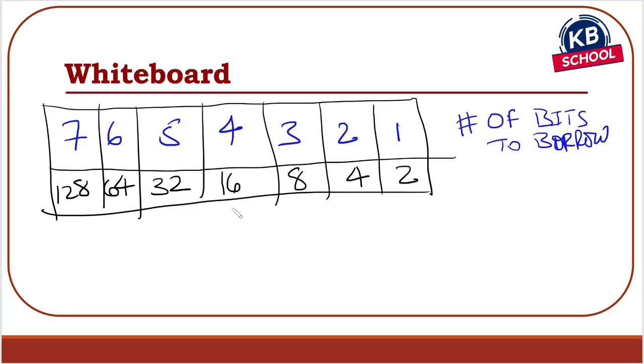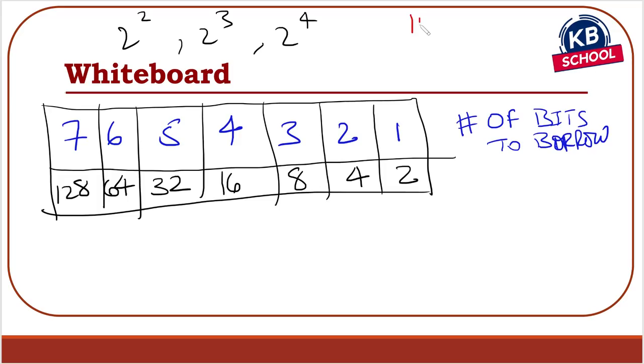Now, to figure out the number of bits to borrow, you can either do this, and once you do it enough, you know how many bits to borrow because these numbers become second nature. But for right now, because you're learning, if I want to get an X number of networks, I go on the bottom line over here and move from right to left until I hit the number that I need.